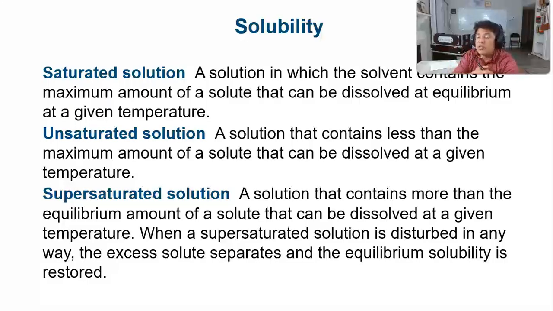But supersaturated means beyond the saturation. If you add further, you can have crystals at the bottom. A supersaturated solution contains more than the equilibrium amount of the solute that can be dissolved at a given temperature. When a supersaturated solution is disturbed in any way, the excess solute separates and the solution returns to equilibrium solubility.